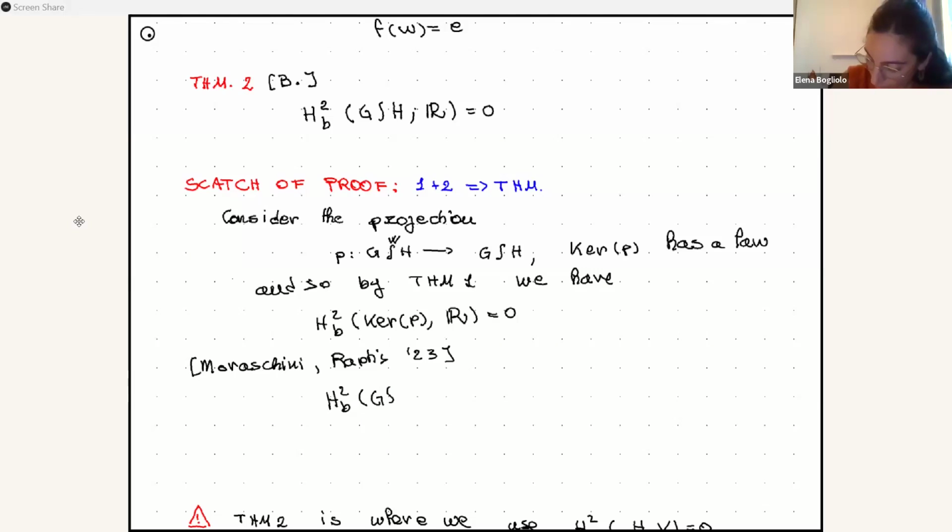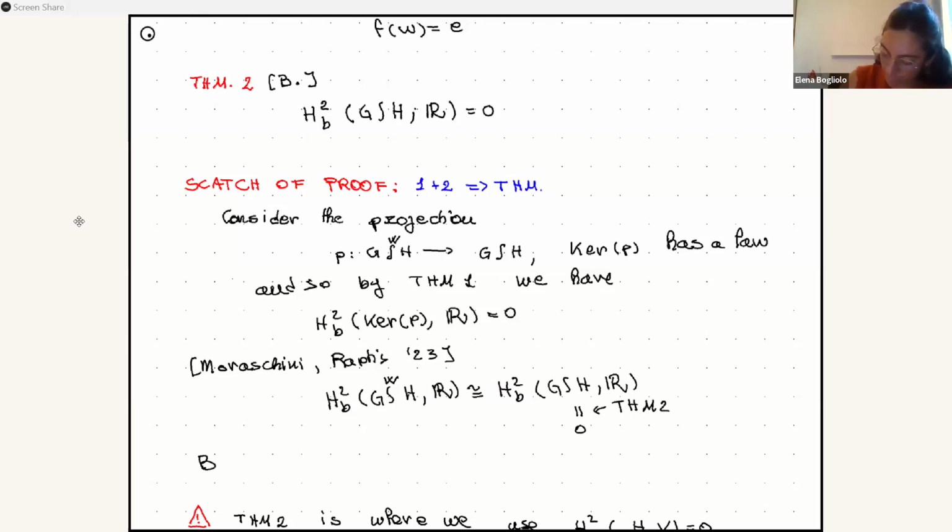The second bounded cohomology of the domain is isomorphic to the second bounded cohomology of the codomain with real coefficients. But the second bounded cohomology of the codomain is equal to 0 because of theorem 2.